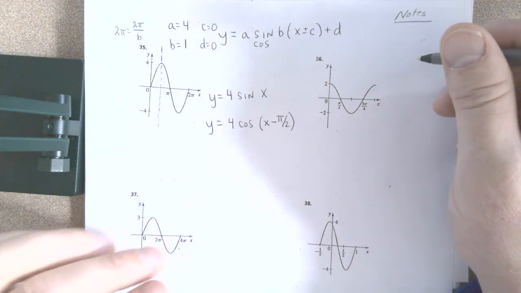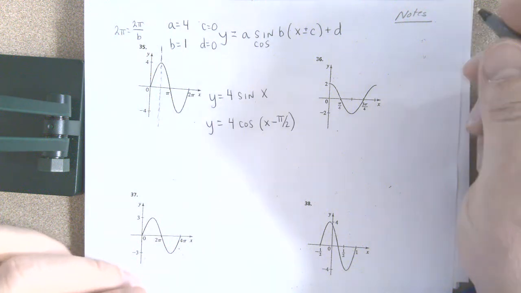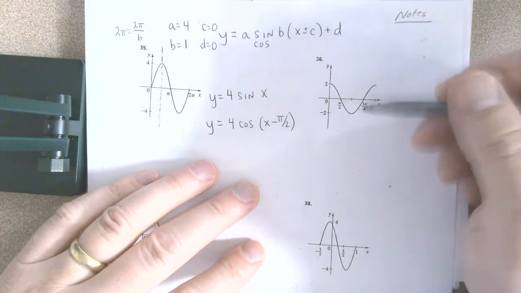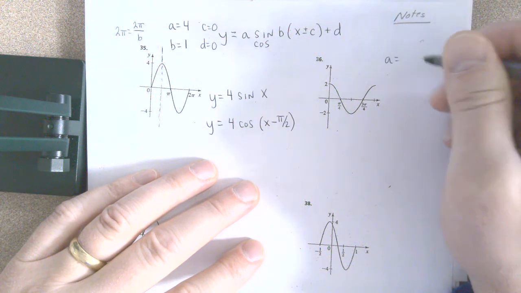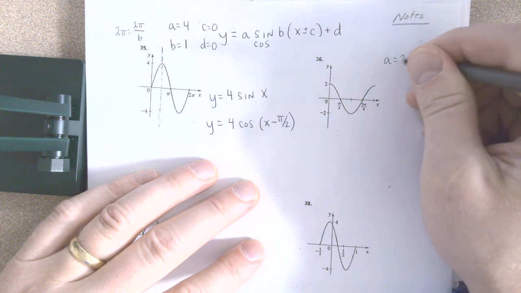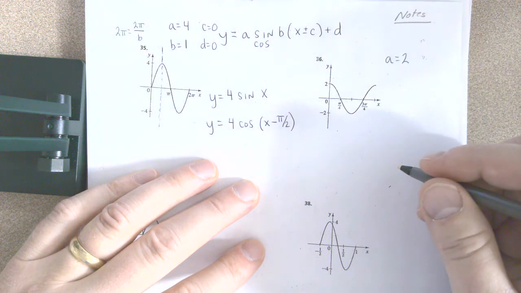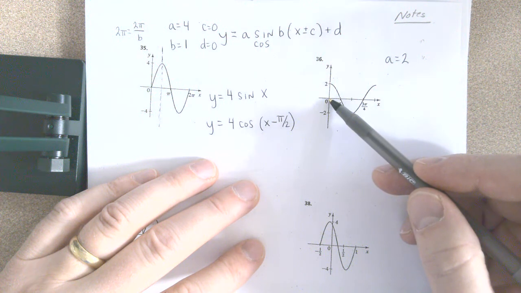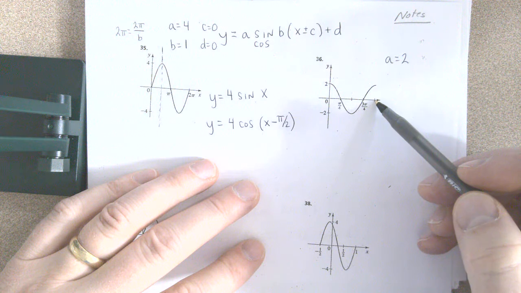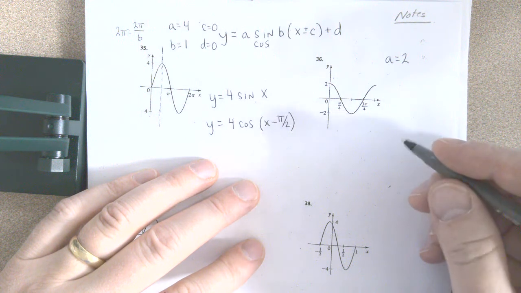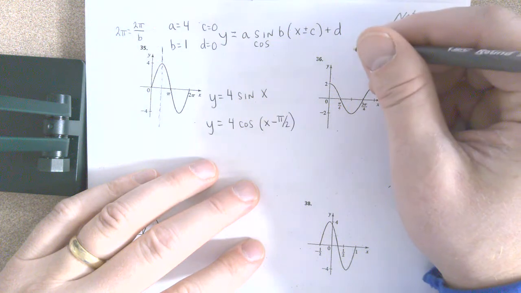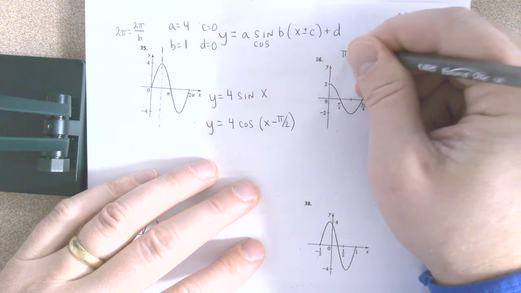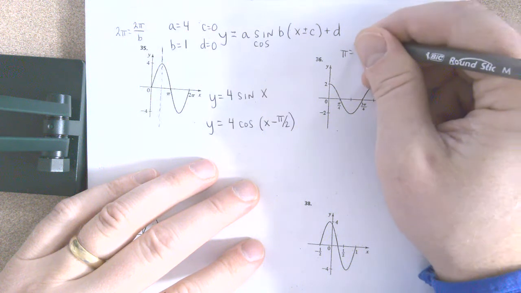Okay, let's go to number 36. On this one, again, we're going to identify our values. So for a, hopefully you would say that a is 2. You notice if I'm starting at 0, one full period on the cosine curve goes all the way to, it looks like, pi. So I'm going to say pi is equal to 2 pi divided by b.